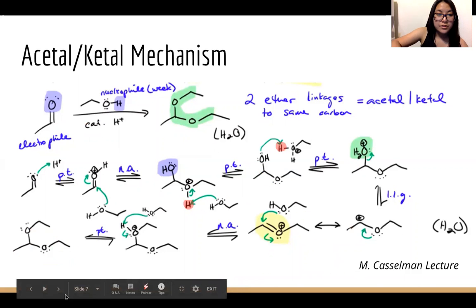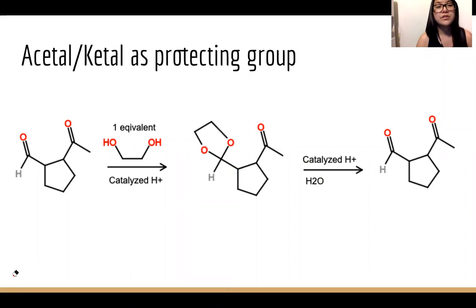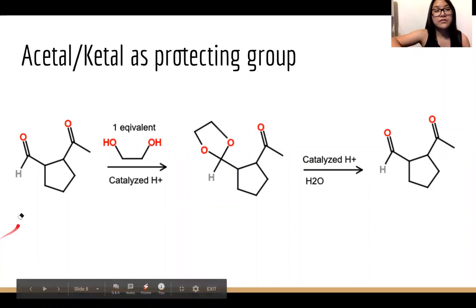So next, we can go to how to use these as protecting groups. Oh, let's erase these. Okay. So acetals and ketals as protecting groups. Like I've been saying, aldehydes are more reactive than ketones.